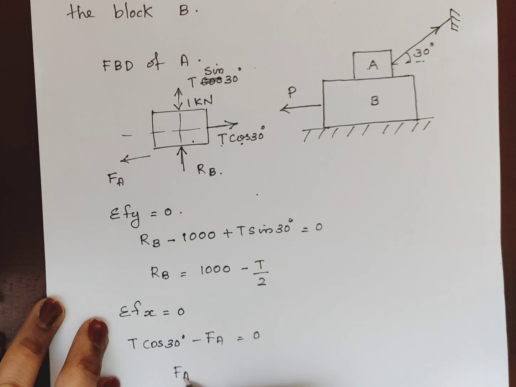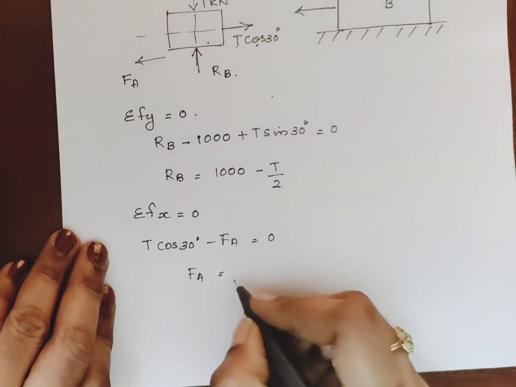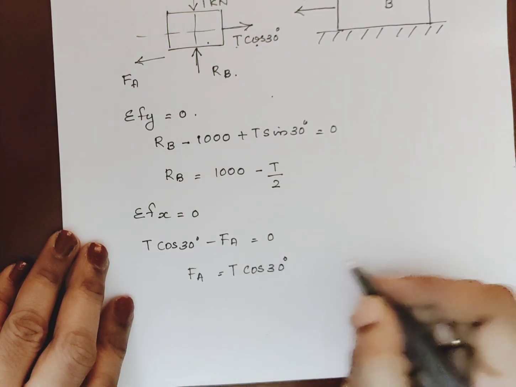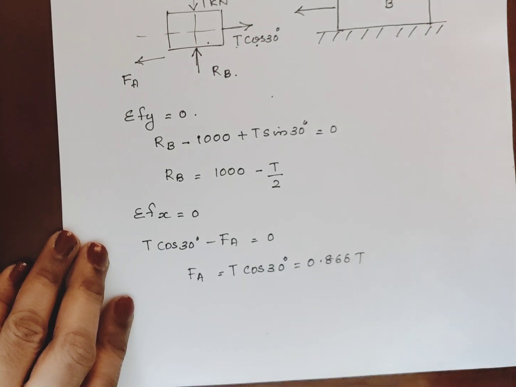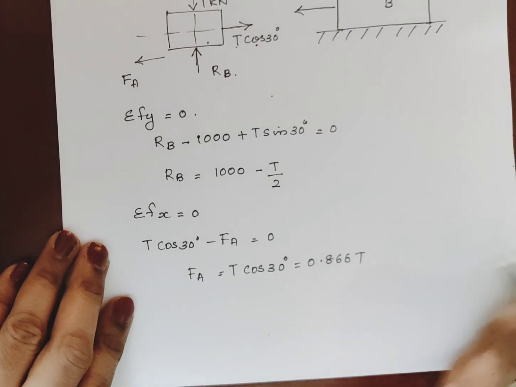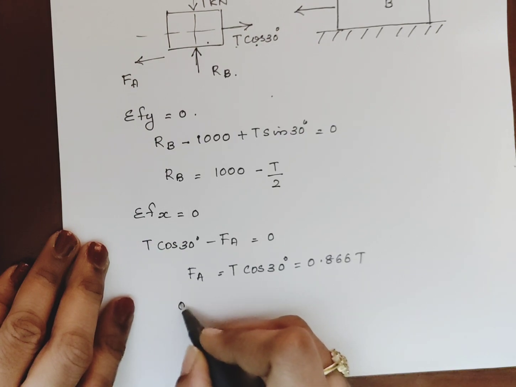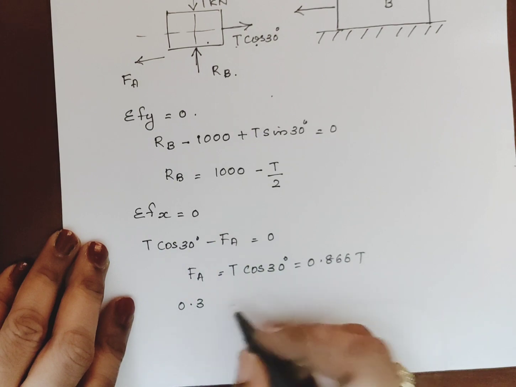So Fa is equal to T cos 30, that is equal to 0.866 T. Now Fa is equal to mu, 0.3 into RB.